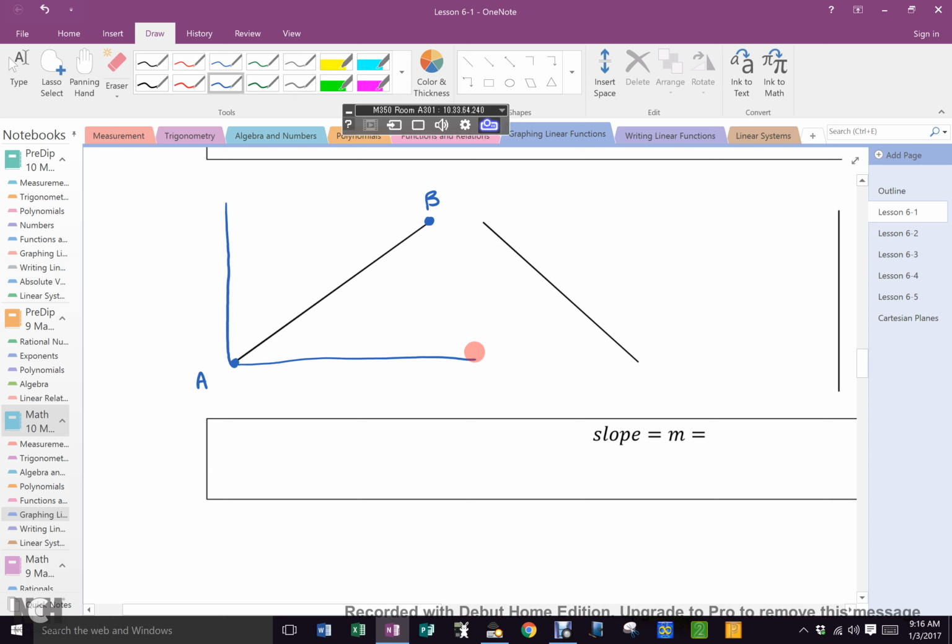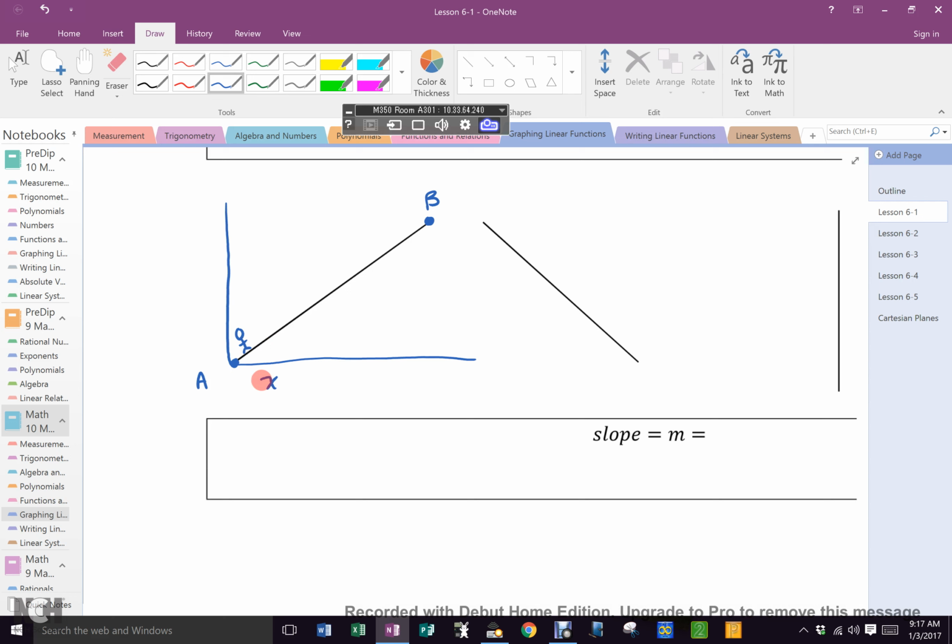Is everybody with me? Okay. Here's Mr. Myers. I am going to walk from A to B. As I walk from A to B, what is happening on the x-axis? It is changing. In what direction, Abresia?